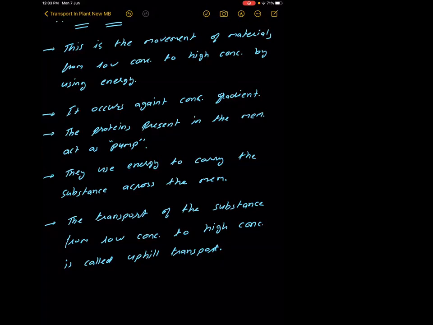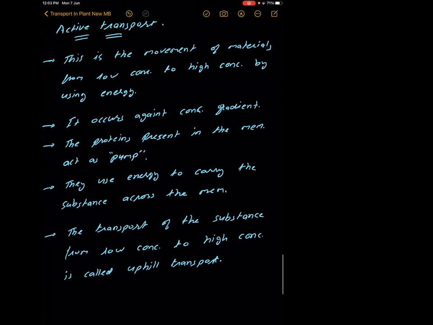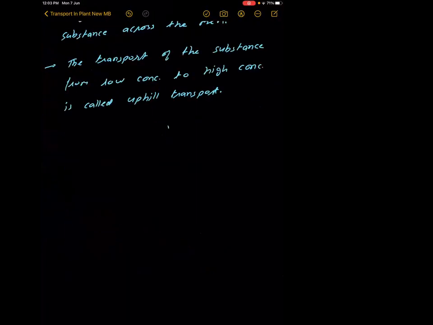Sir, but in active transportation, molecules won't move from higher concentration to lower concentration, sir. Actually, the condition is that the material is less in soil. We'll see in water absorption here.